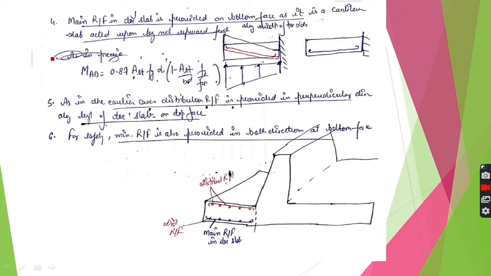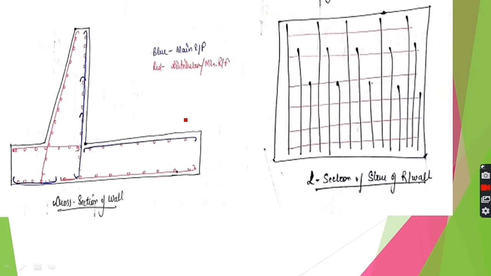For the maximum bending moment MAD, we calculate the reinforcement using this formula, and this reinforcement is provided at the bottom face as main reinforcement, and this is the distribution reinforcement provided in this direction at the bottom face, which is the minimum reinforcement. Similarly, on the compression side also, for safety we provide minimum reinforcement in this as well as in this direction. So the toe slab is exactly like the heel slab, but with a reversal in the direction of load, leading to a reversal in the position of the tension face.